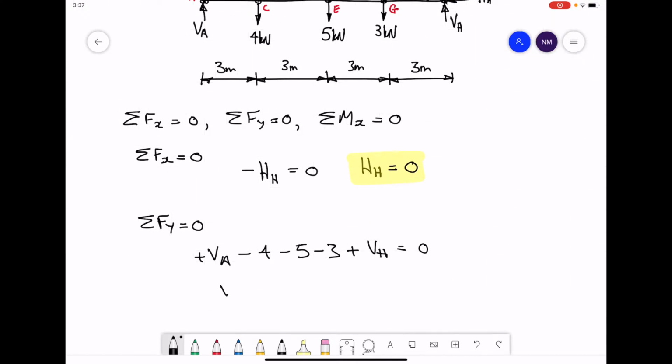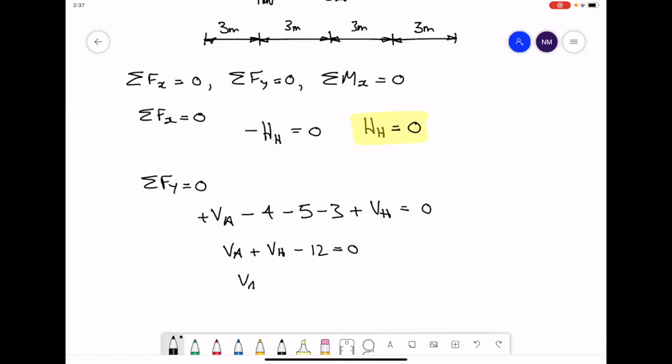Bringing the numbers together, VA plus VH minus 12 equals 0, or VA plus VH equals 12. That'll be 12 kilonewtons. If we know the size of one of the reaction forces, we can then easily work out the other one.